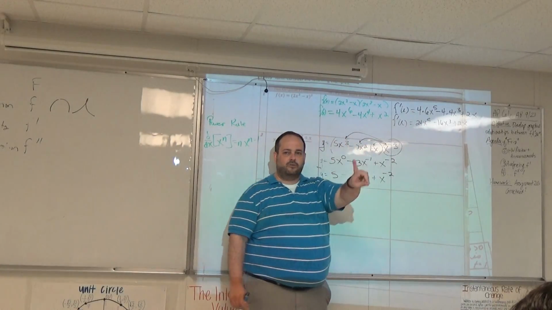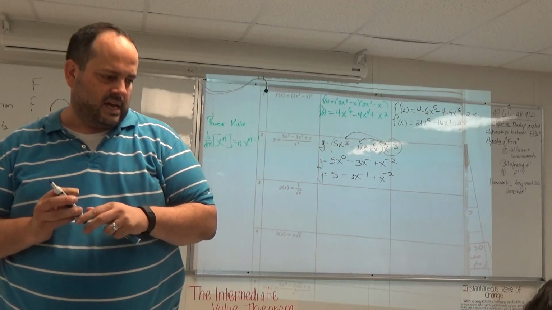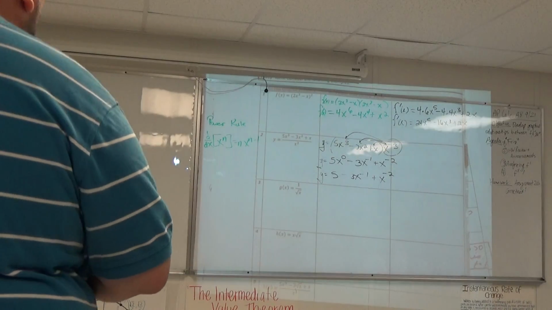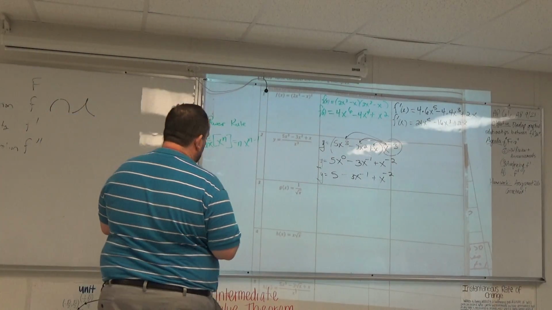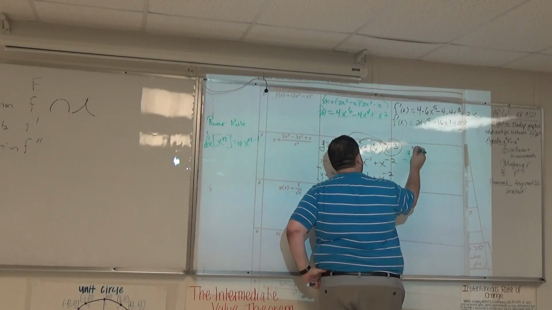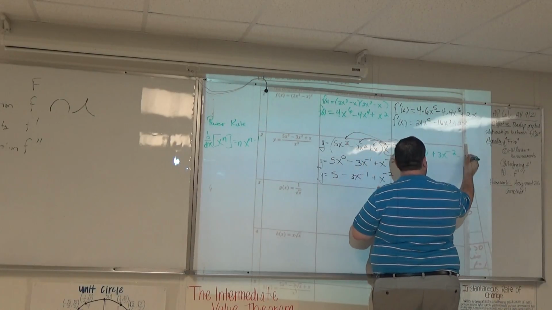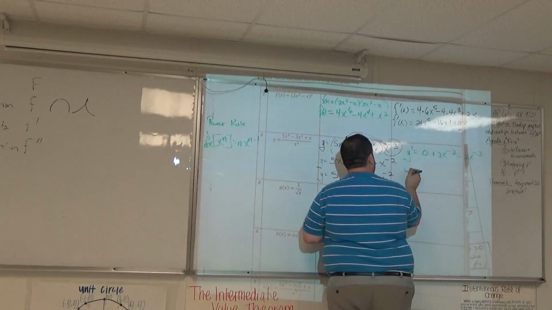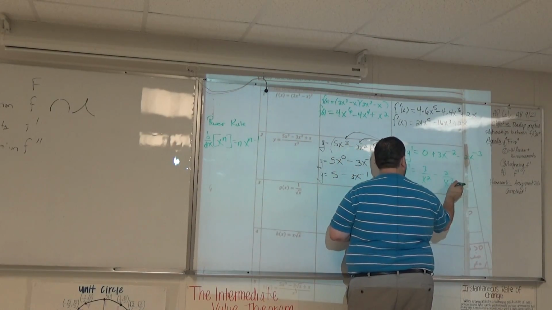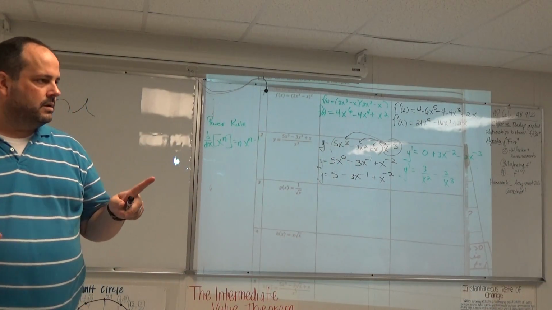Take 30 seconds, get me the derivative, and get me the simplified version of the derivative. Be careful here with the signs. Give me a quick thumbs up if you agree with what I've got here.